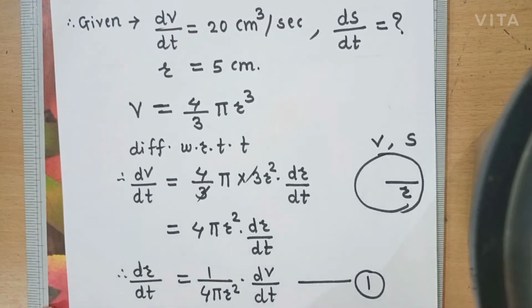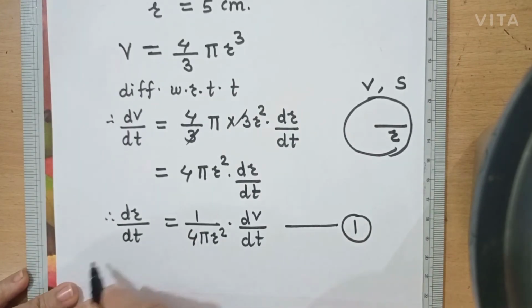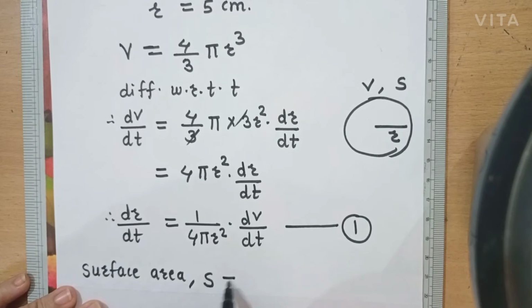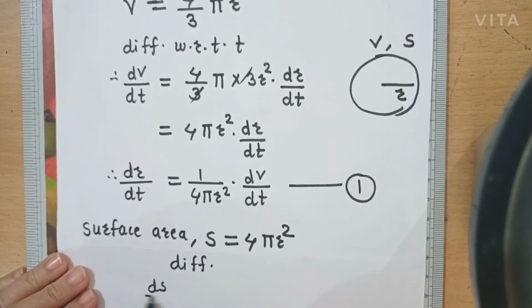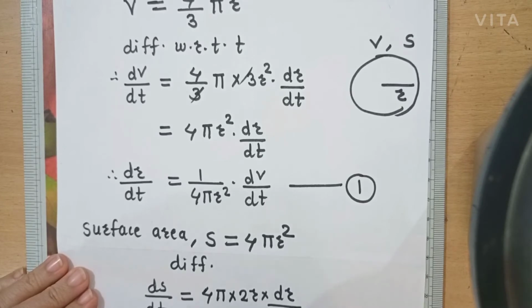We will move this term, this is the first one. Now write down the formula for surface area. Surface area S is equal to 4 pi r square. Again differentiating with respect to t, we have dS by dt is equal to 4 pi, which is constant, and again here 2r into dr by dt.